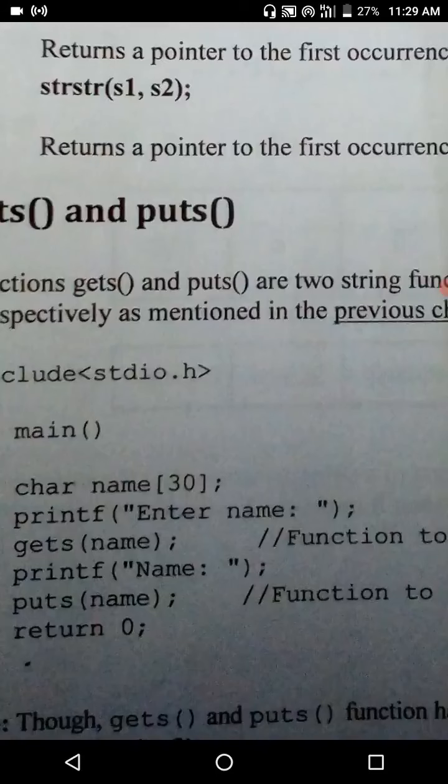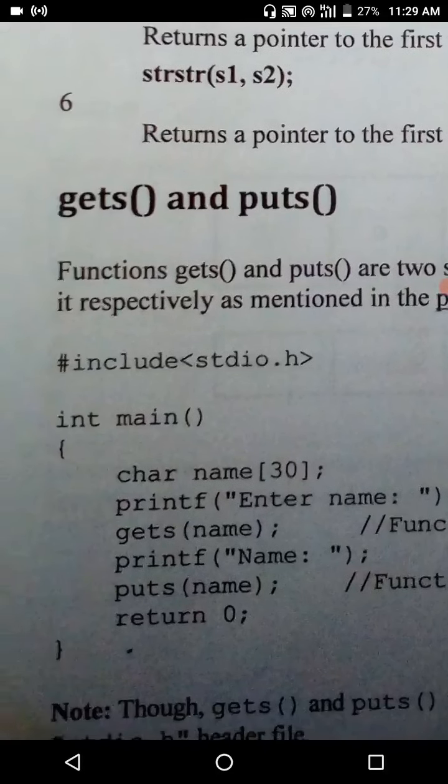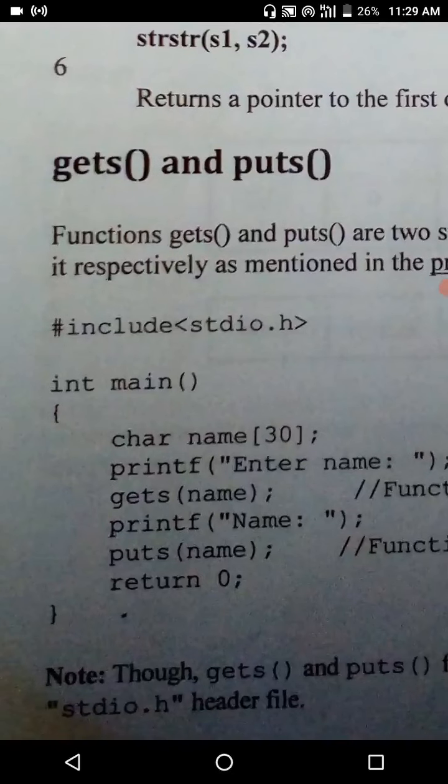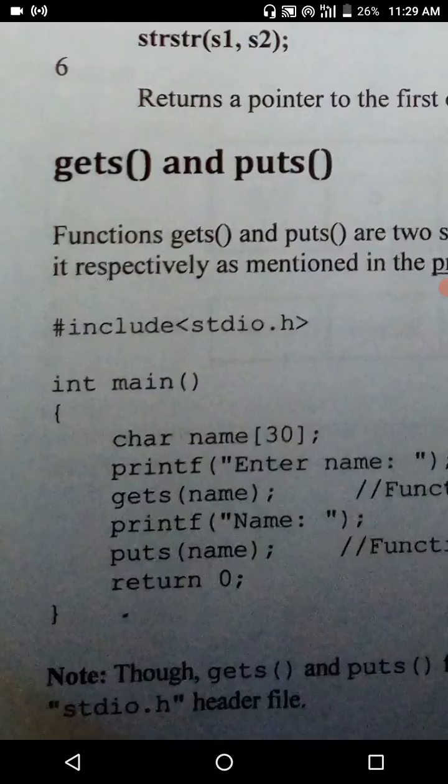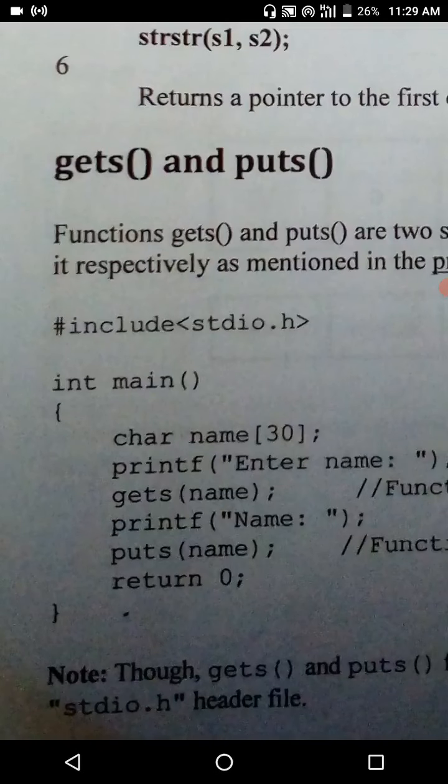See the example here. They have included stdio.h and taken a character array name of size 30, with printf to enter the name. gets takes one argument, the string name, and by using this function we can read the data just like the scanf function.